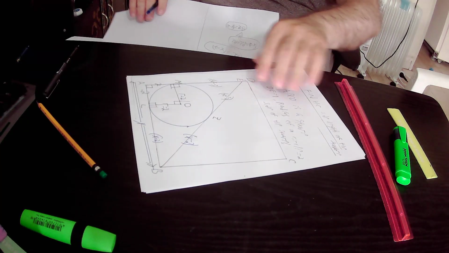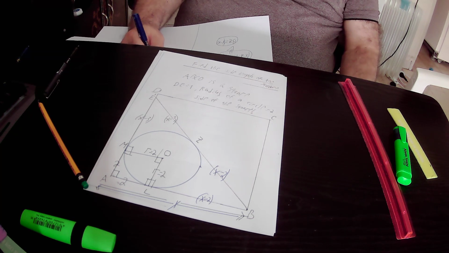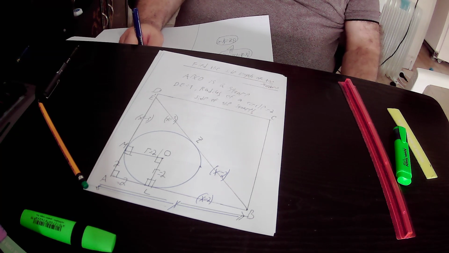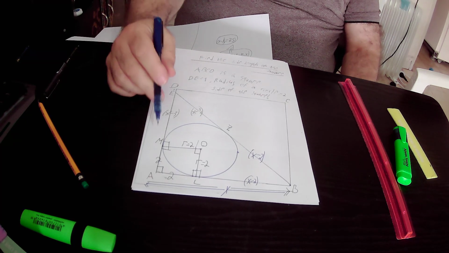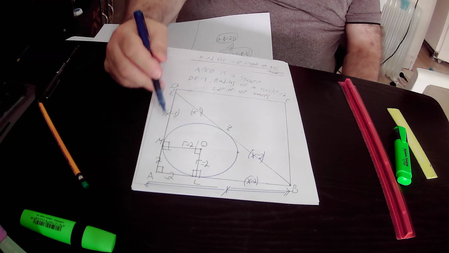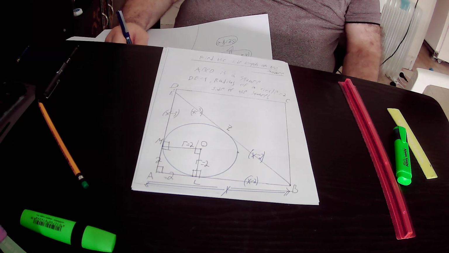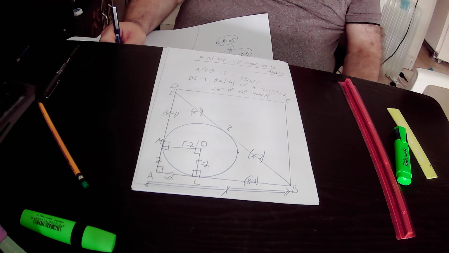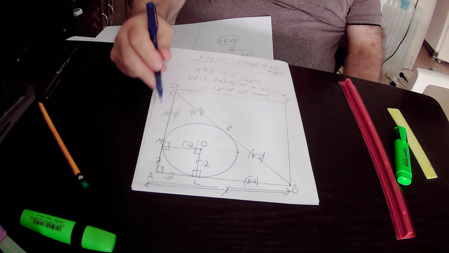Here, from the drawing, it is very easy to see that the length of line segment AE equals DA minus DE. DA minus DE equals EA.